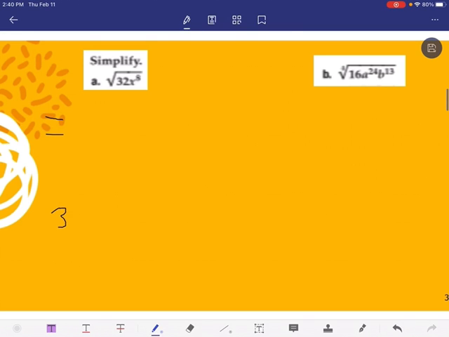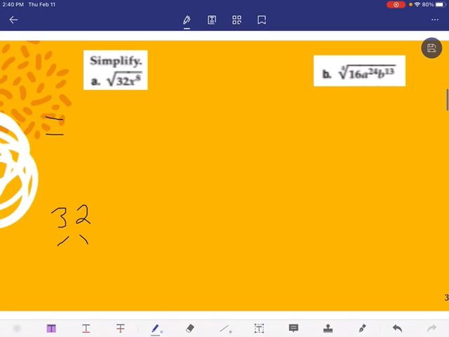So what we want to look at is 32. So if I were to do a factor tree for 32, notice that 32 is not a perfect square. 2 squared is 4, 4 squared is 16. Notice that there's not anything that multiplied by itself gives us 32.